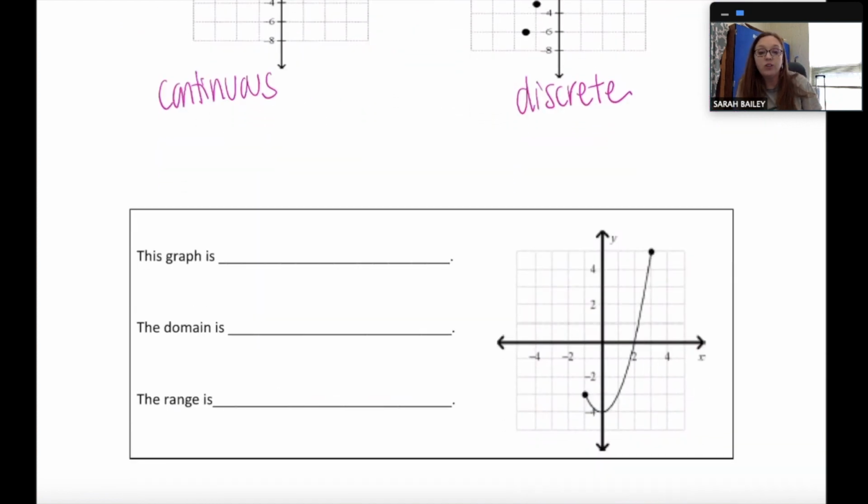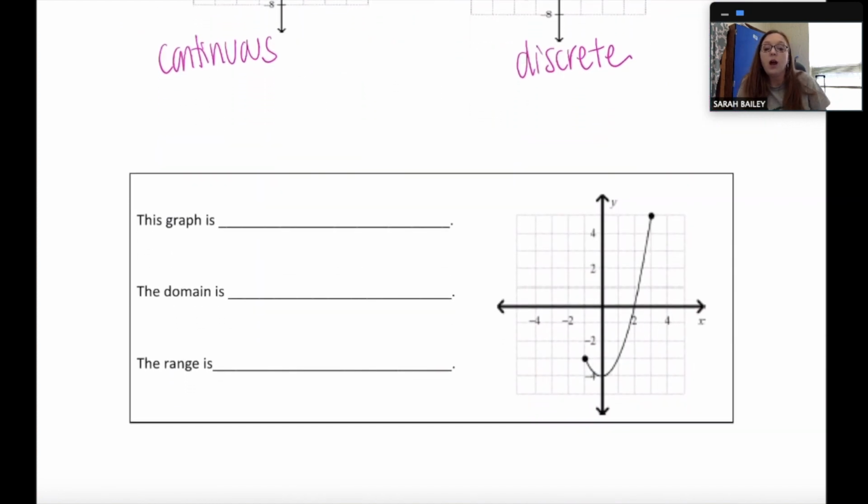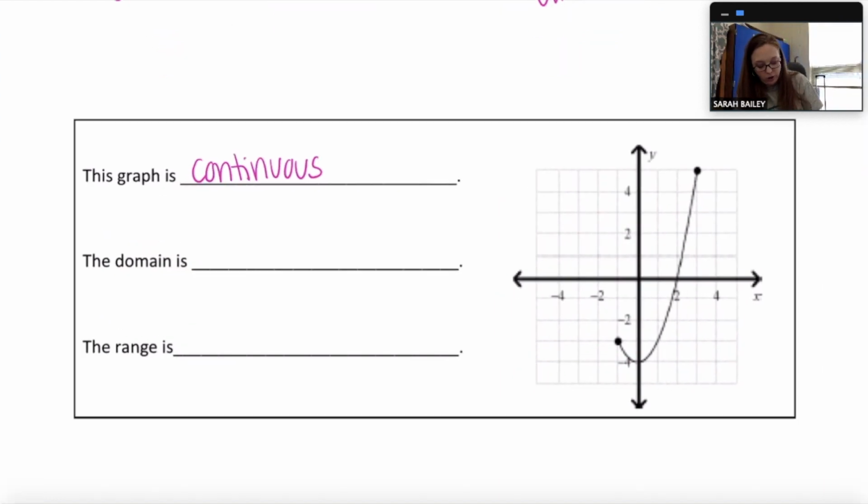All right, so let's do a few examples here. All right, so this first one, the graph is it discrete or continuous? So this one, we would consider it continuous. Remember, if I was going to draw that, I could draw it in one swoop, if you would. So we would say this is continuous. And then let's talk about our domain and range.